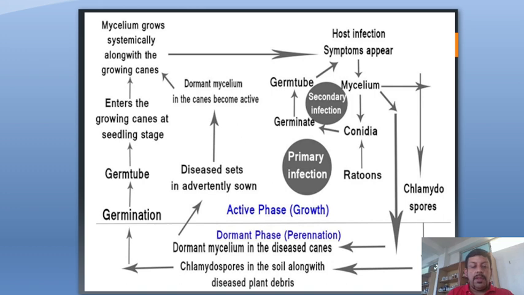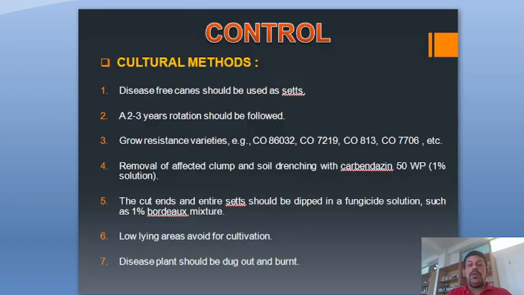So, control. Any type of plant disease cannot be studied without its management, because nowadays we come to know about the various diseases, various symptoms, various causal organisms. But unless we give a clear idea about the management, how can the farmers protect their fields?